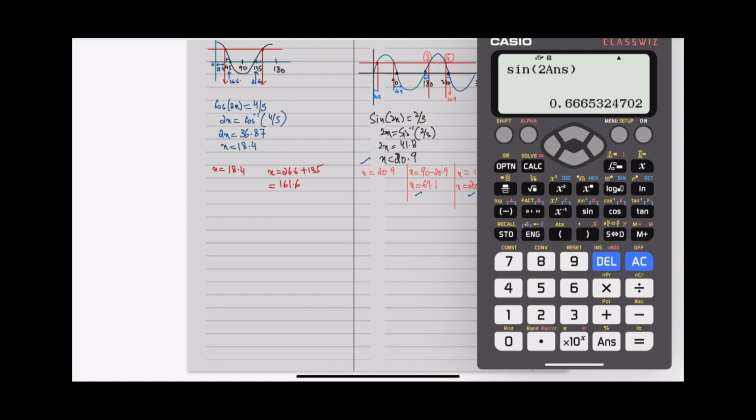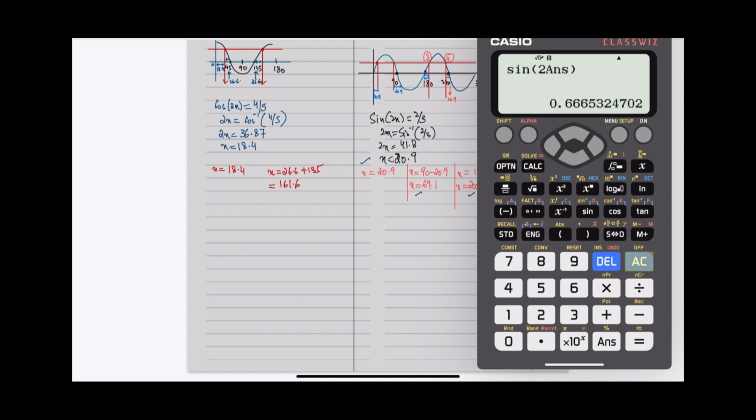So the first one was 20.9, and the function was sine 2x. So sine 2 times answer gives you 0.66666. The second value was 69.1. And if I plug in the same, can you see you get the same answer?